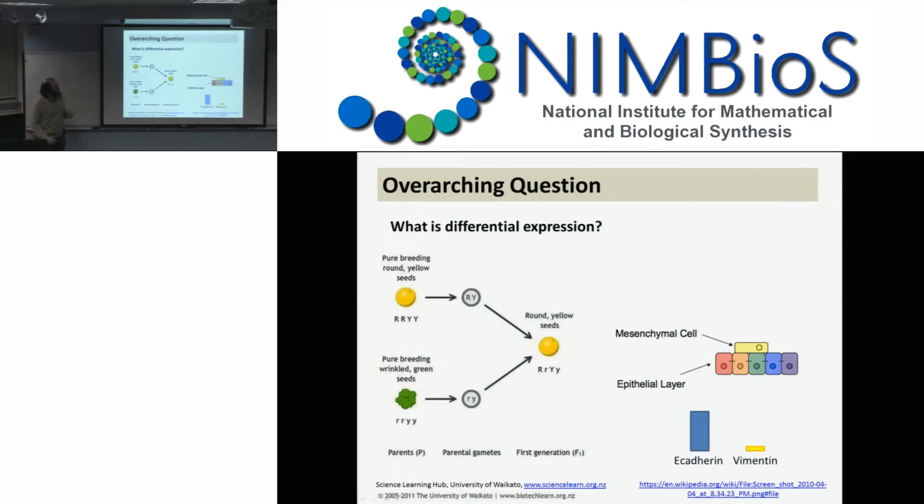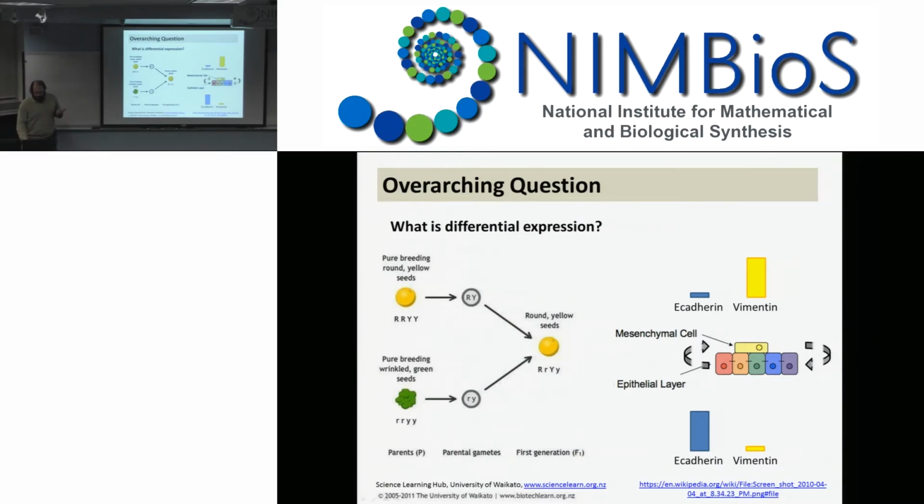Well, in the epithelial layer, you're expressing more of this protein called E-cadherin, which is in part responsible for that adhesion, and you have none of this vimentin. While in the mesenchymal cell, E-cadherin goes down, vimentin goes up. There's more than just these two genes responsible for it, but it's this expression difference which we use as the marker between these two cell types.